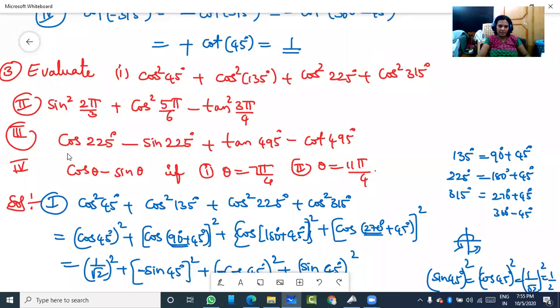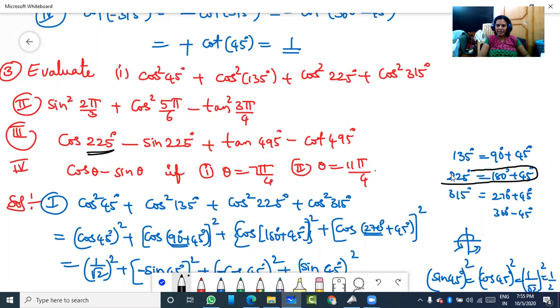The third question is cos 225 degrees minus sin 225 degrees plus tan 495 degrees minus cot 495 degrees. You can take 225 as 180 degrees plus 45 degrees. You get cos 45 degrees.